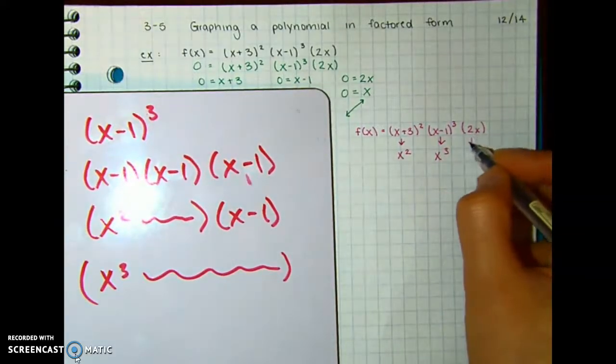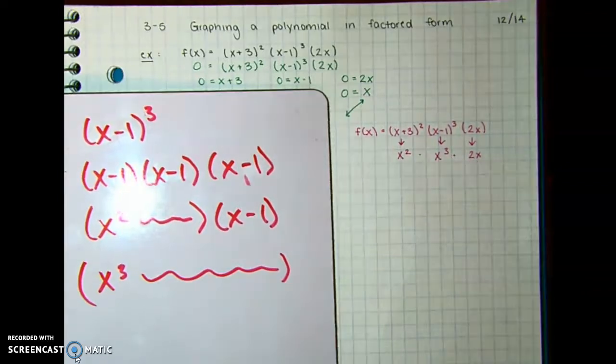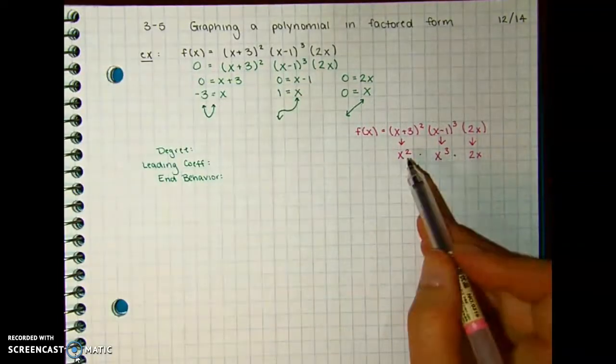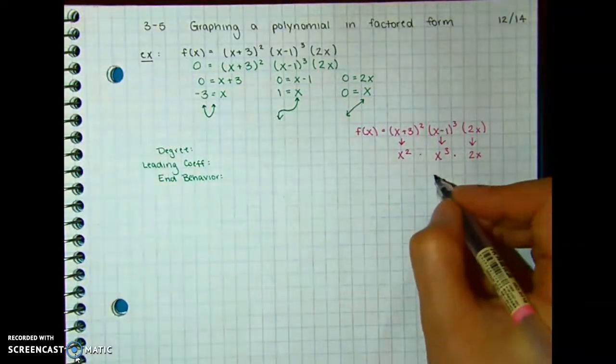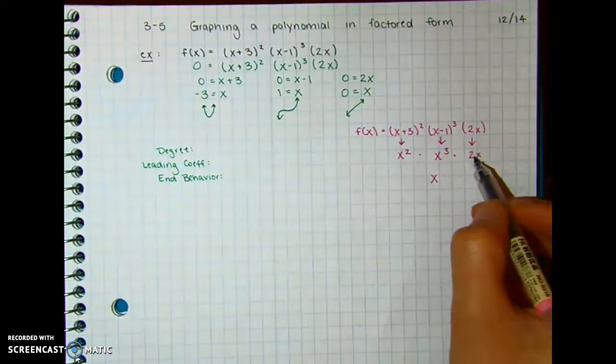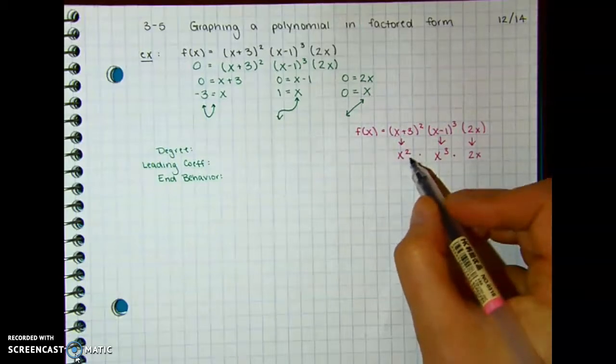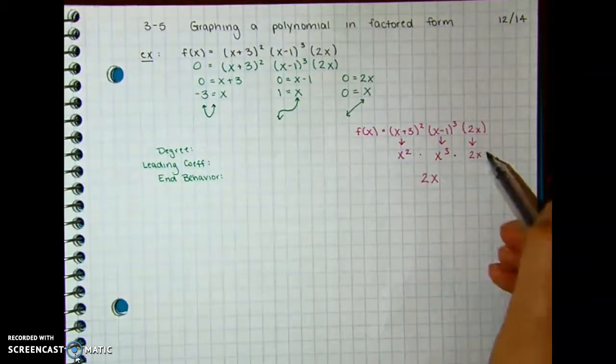And this is just 2x. So then we can literally just multiply these together, and that's going to give us the leading term. So x squared times x cubed times 2x. So that would be 2x, and then we can add the exponents. So 3, 4, 5, 6.